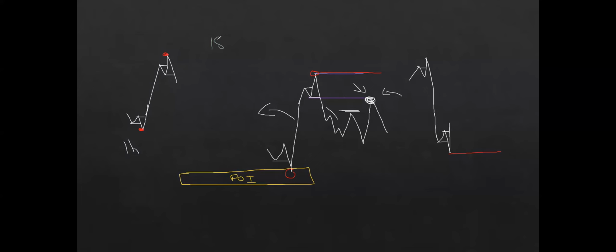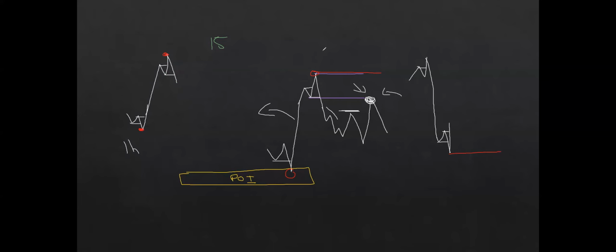So let's say on the 15-minute, we create a new range after it broke this structure. So that's where you get a pullback and continuation. There's a range inside of a range. Okay? That's where this comes into play.